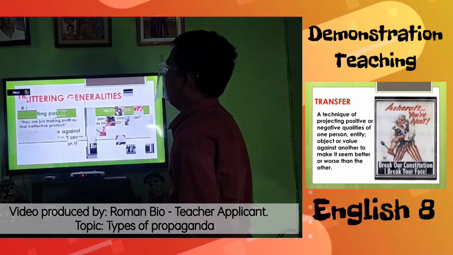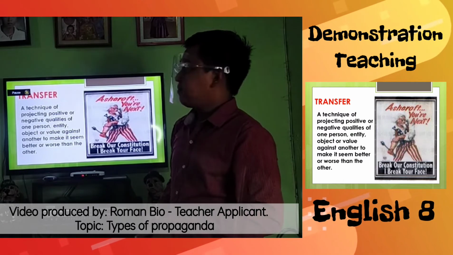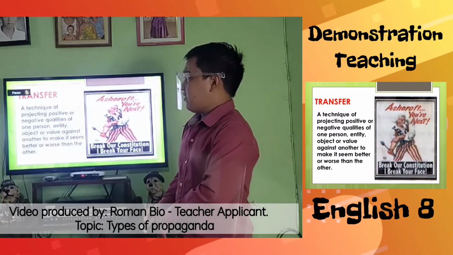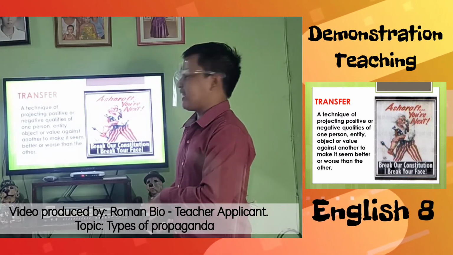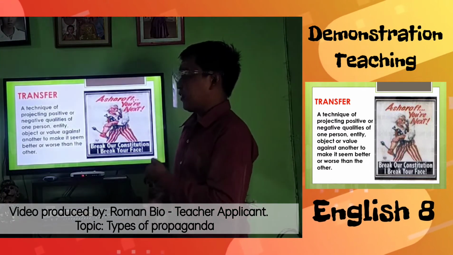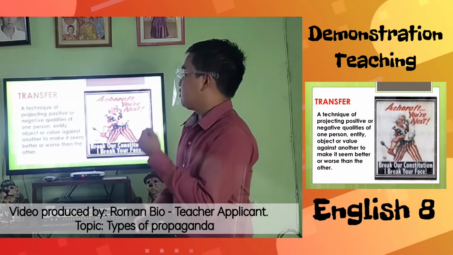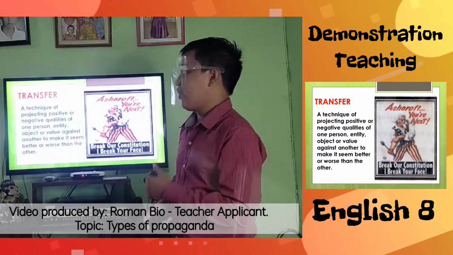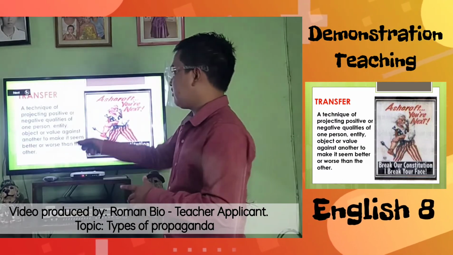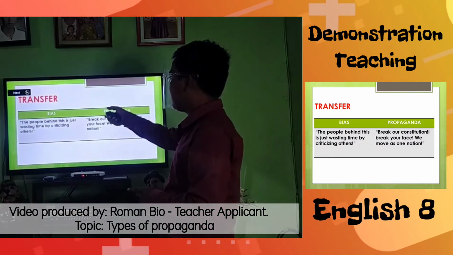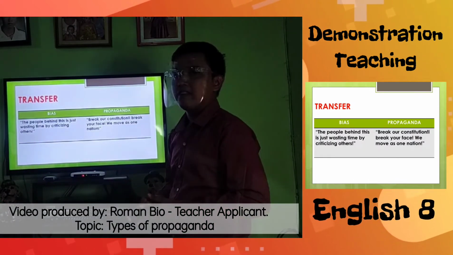Next, transfer. A technique of projecting positive or negative qualities of one person, entity, object, or value against another to make it seem better or worse than the other. So these are the sample bias and propaganda statement for transfer.